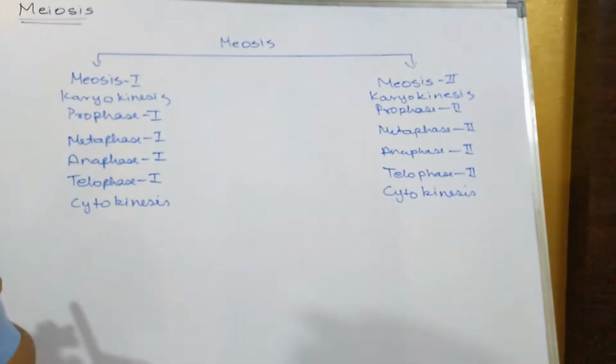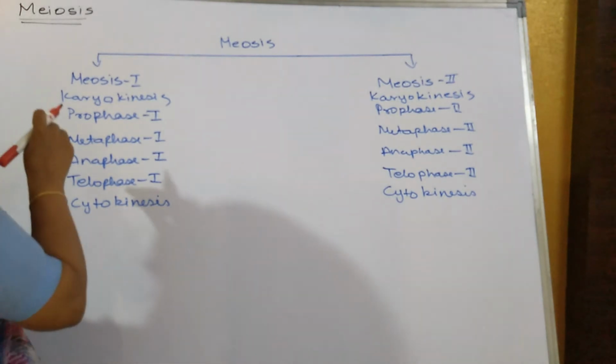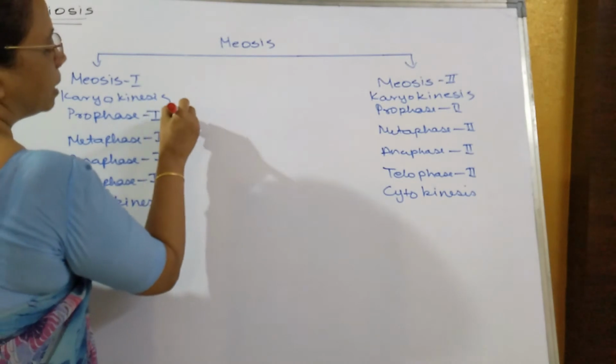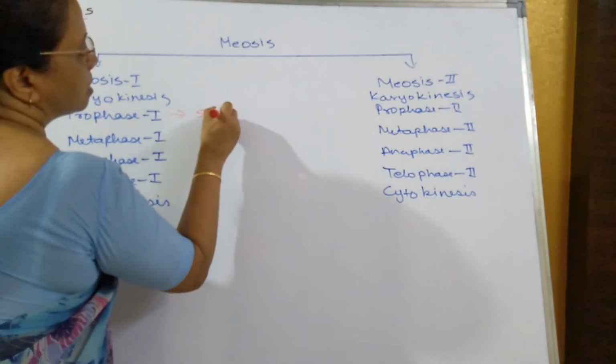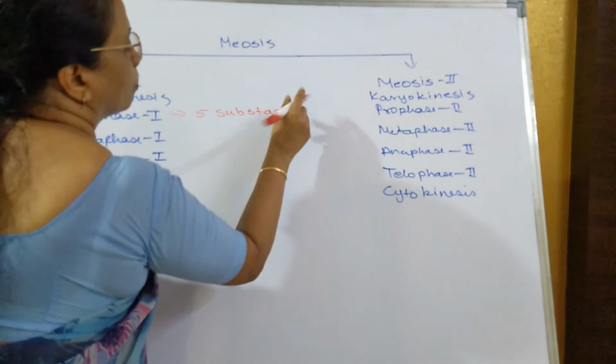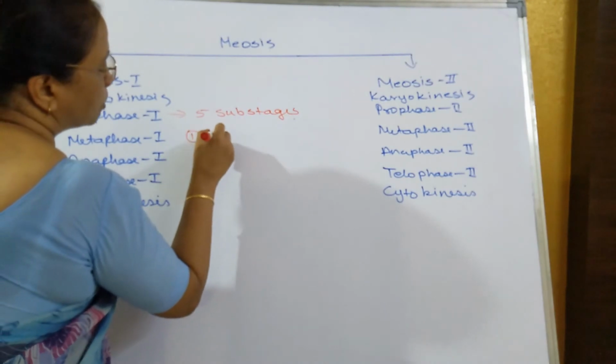Now in meiosis 1, the longest stage is prophase 1. It is the most complex stage. It is divided into 5 substages. What are the 5 substages? First one is leptotene.